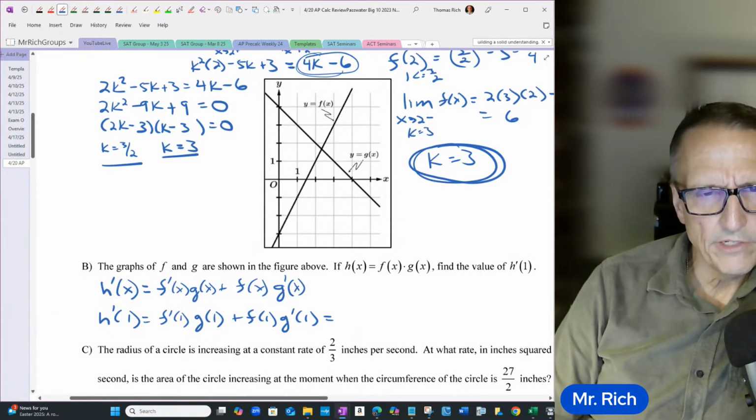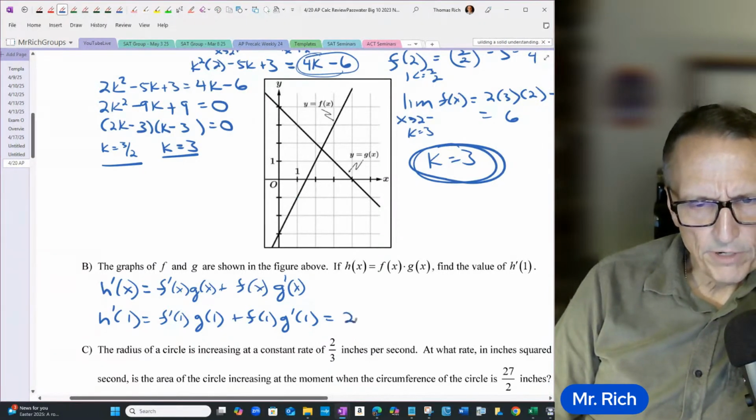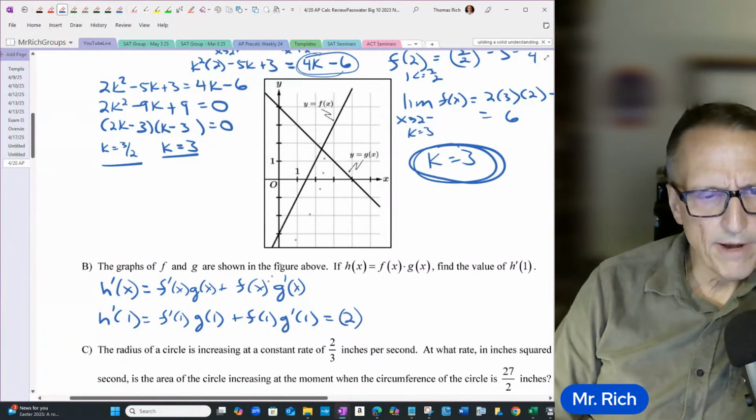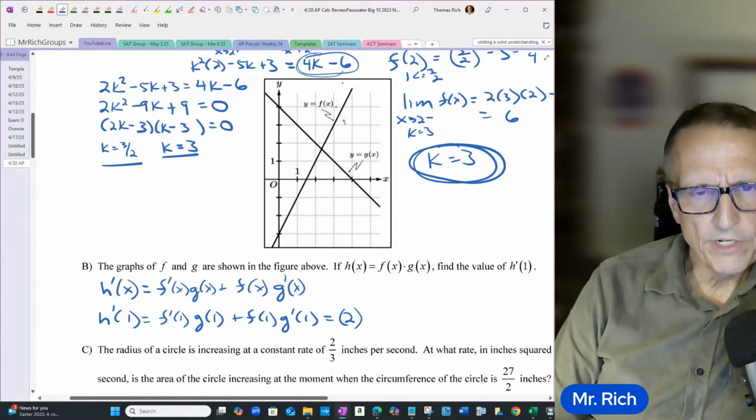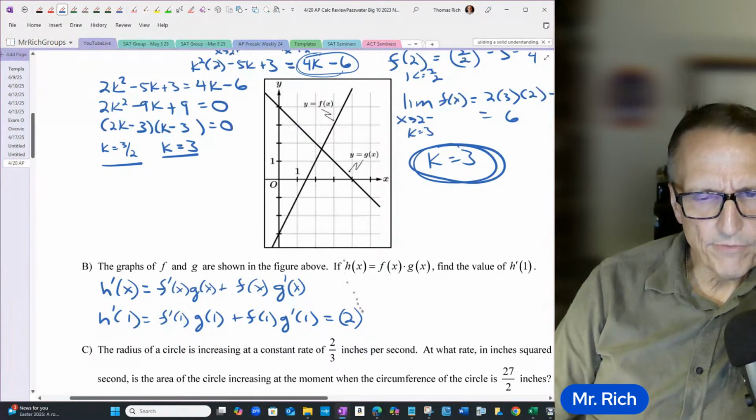So we just have to calculate the slope. It looks like our slope is 2, so we plug in 2 for f prime of 1. g of 1 is just the y value at x equals 1, and that looks to be a 3.